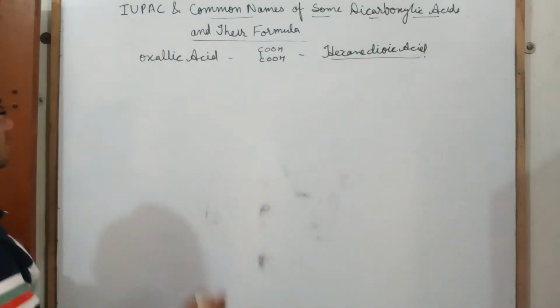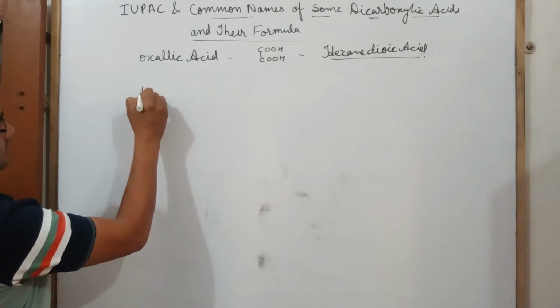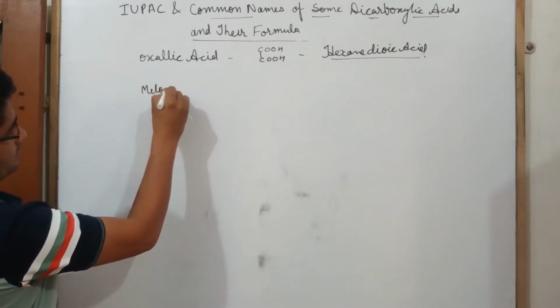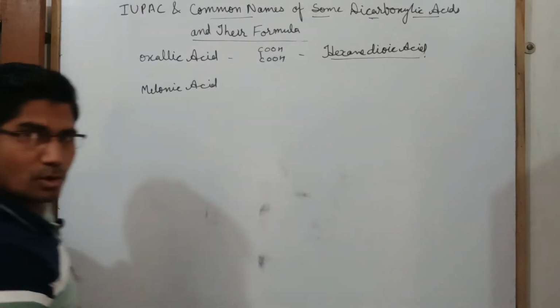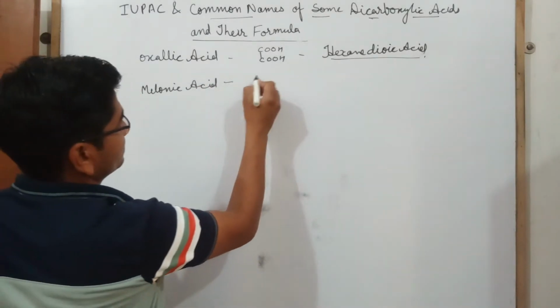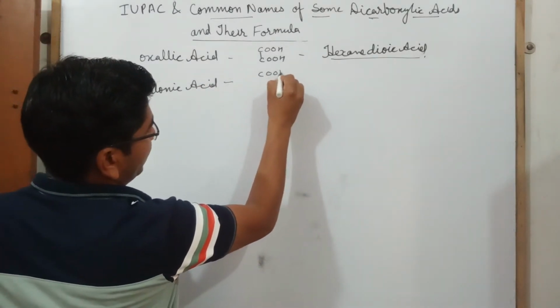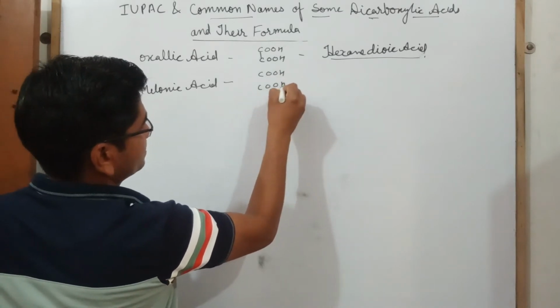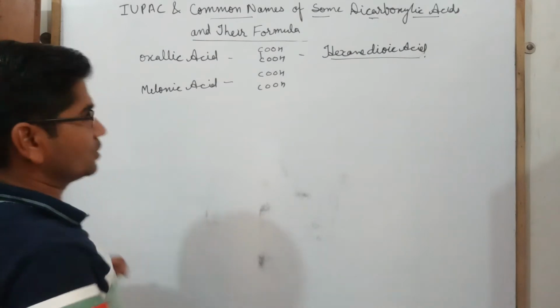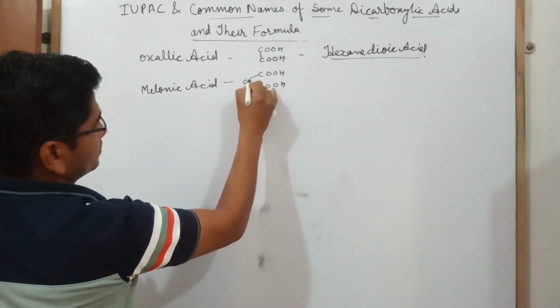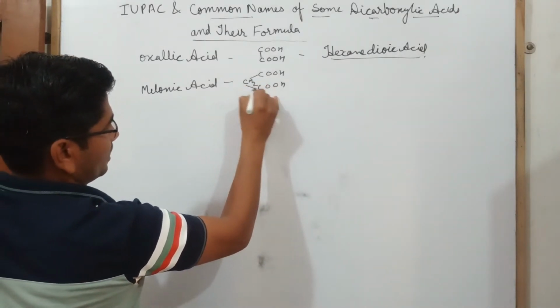Next one is malonic acid. The chemical formula of malonic acid is COOH, COOH, same like this, but in malonic acid the number of CH2 groups will be 1, like this.